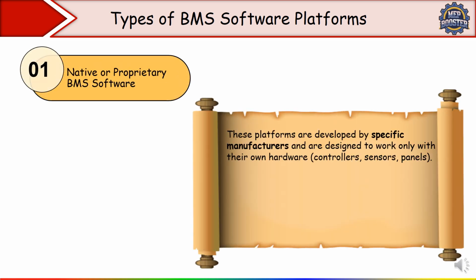The first one is native or proprietary BMS software. These platforms are developed by a specific manufacturer and are designed to work only with their own hardware, controllers, sensors, panels.